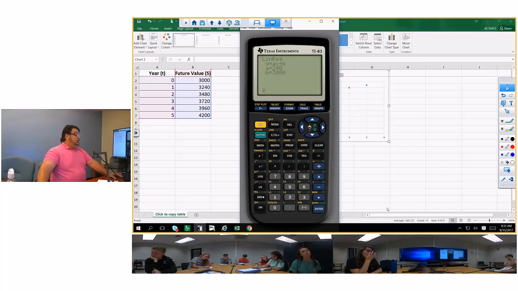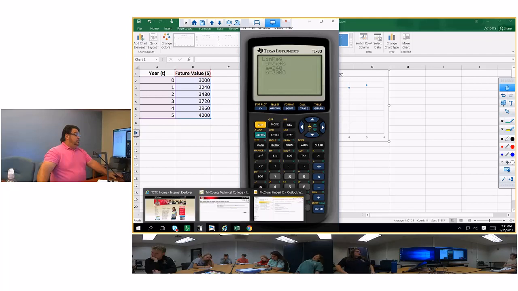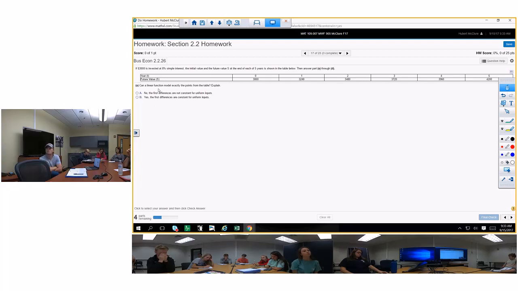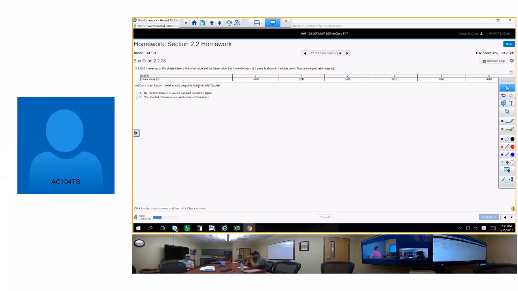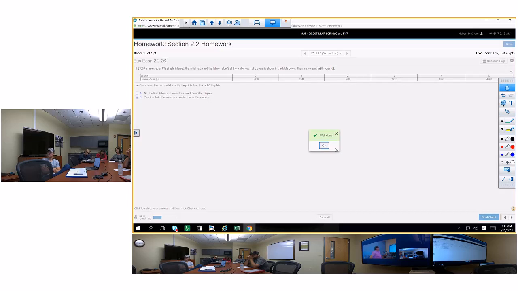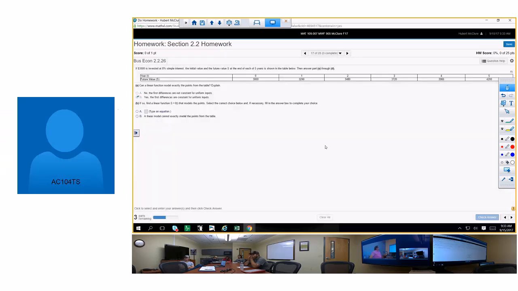Now they're probably going to ask you to predict something. And let's see what the question says. I have no idea what it's going to say. Can a linear function model exactly from the points of the table? Yes. Oh, that's it? Oh, there we go.